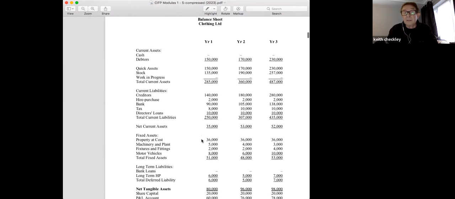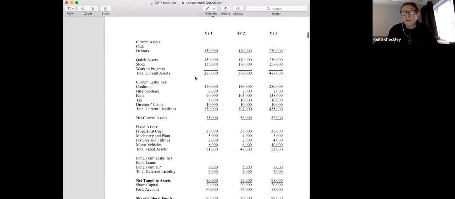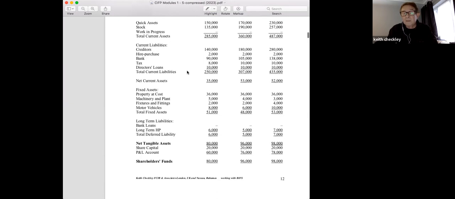If we prove it in the way I just said, we take the current assets plus the long-term assets, which are the fixed assets, and you did this a few minutes ago, remember, we had total assets of 336. And then if we add all the liabilities together, we had the current liabilities of 250,000 plus the long-term liabilities of 6,000.